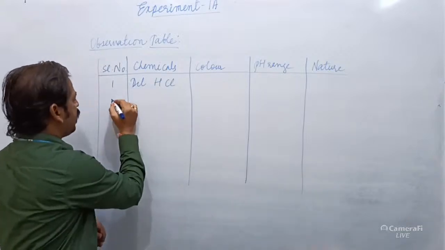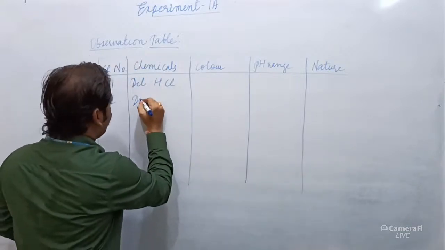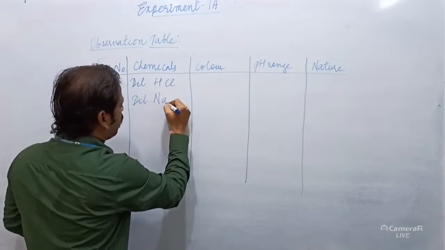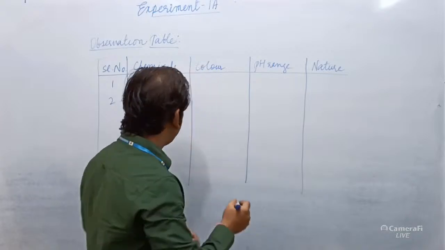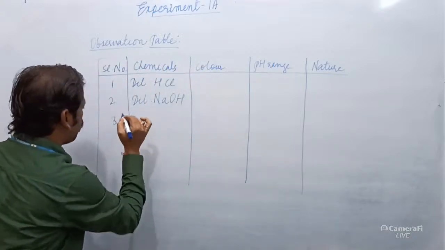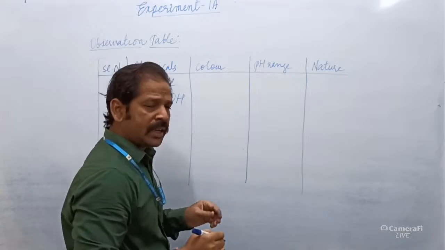Okay, the first chemical is dilute HCl. The second chemical is dilute NaOH, that is sodium hydroxide solution. The third chemical is acetic acid.